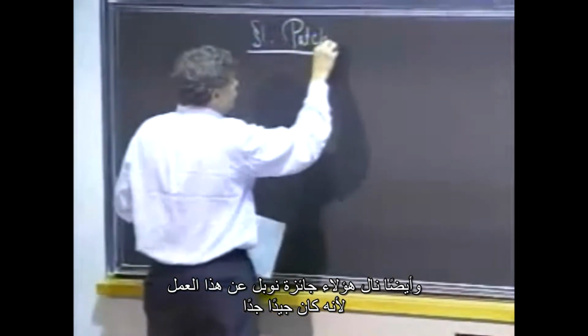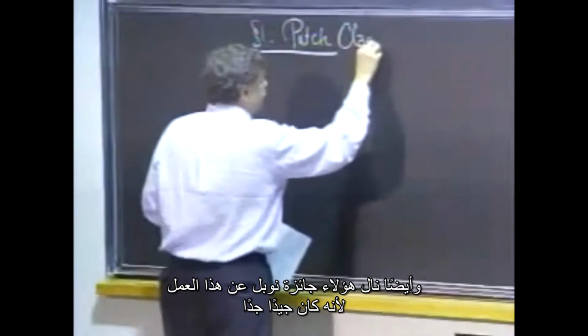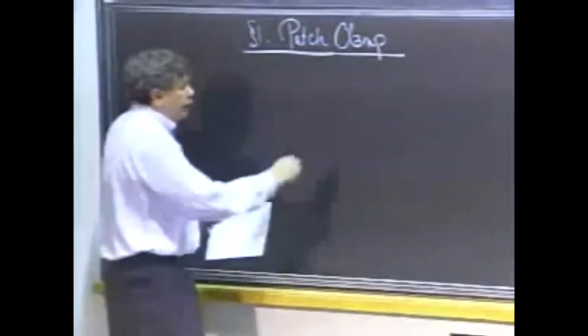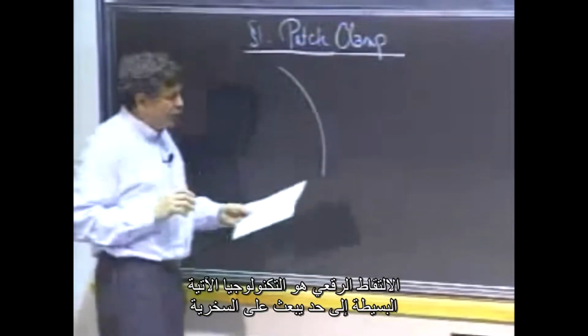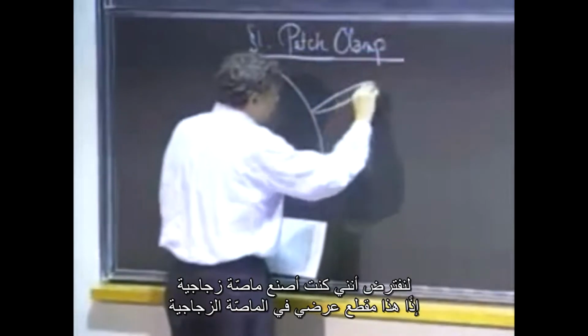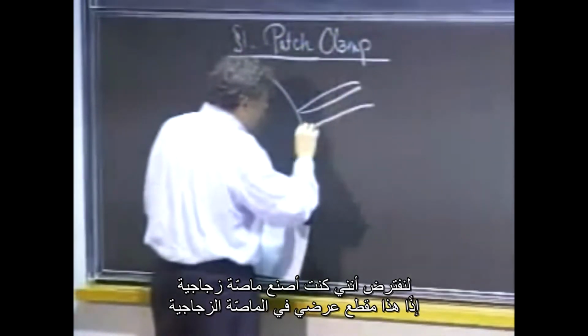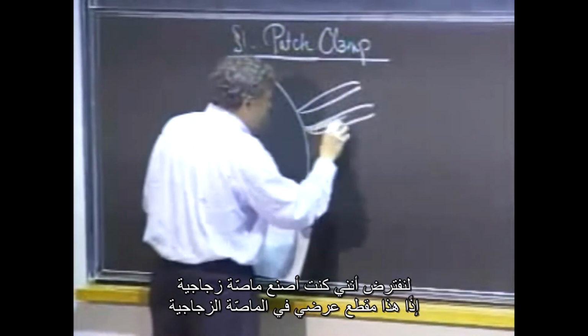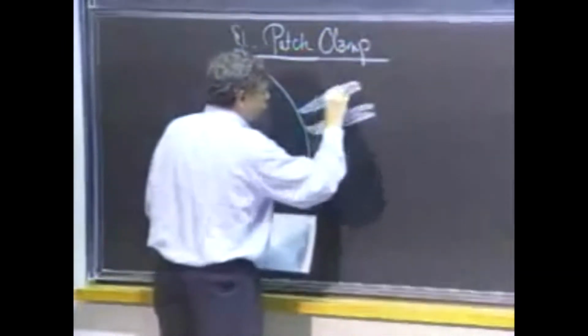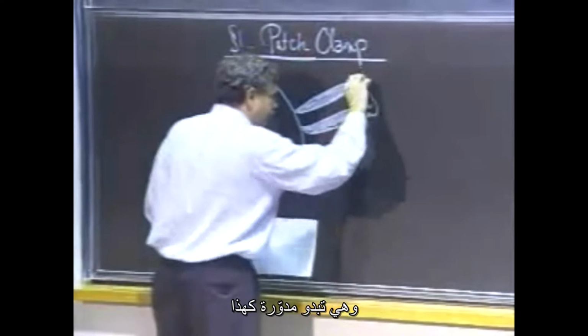Also, these people won a Nobel Prize for this because it was way cool, which is called the patch clamp. The patch clamp is the following ridiculously simple technology. Suppose I were to make a glass pipette. So this is a cross-section of a glass pipette. It goes around like that.